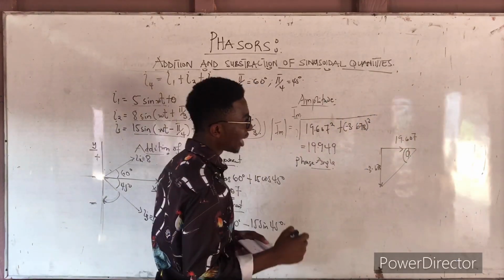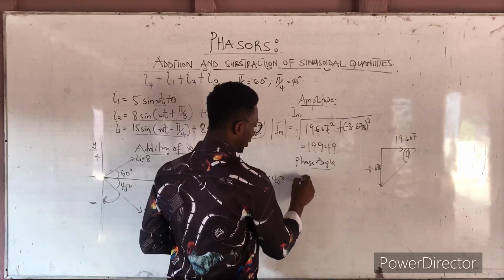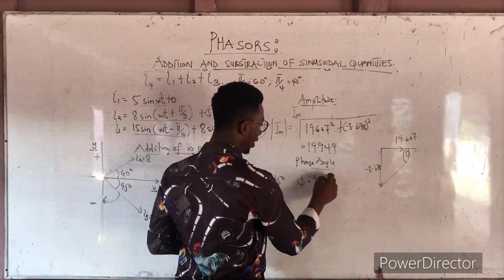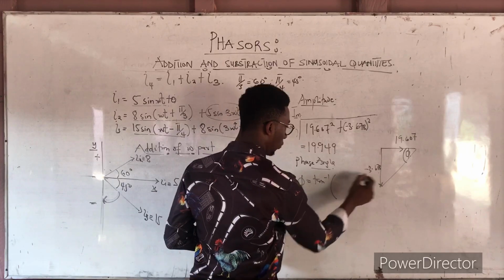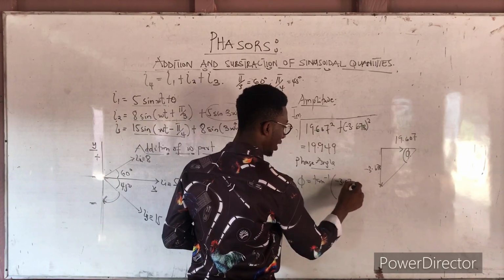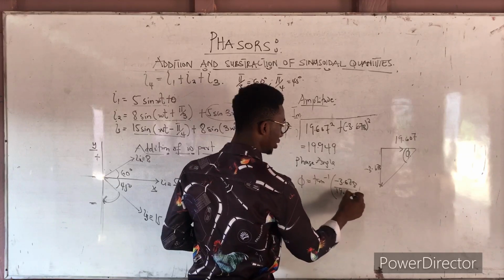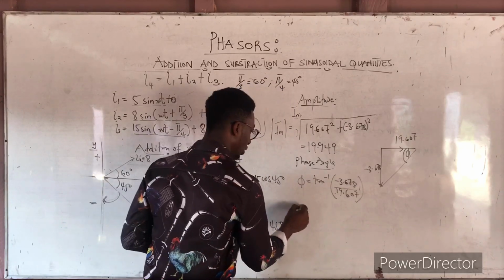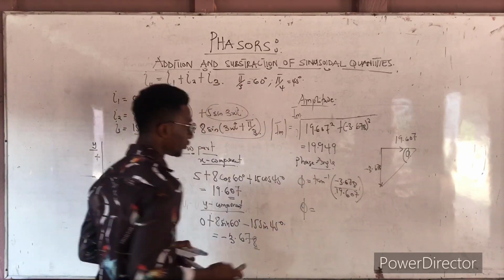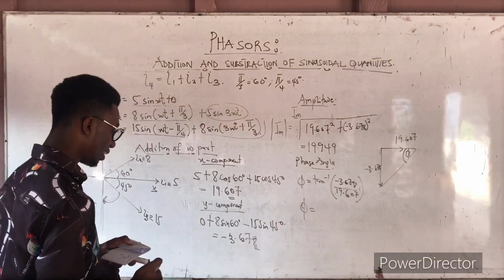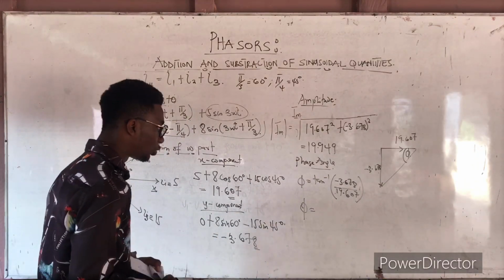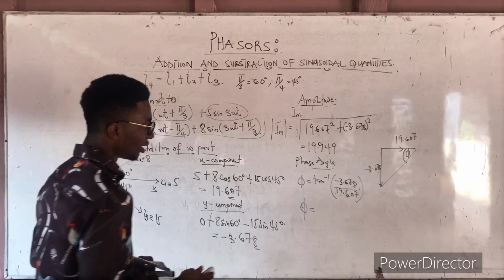We want to know how they are lagging. So that will give you a theta, which is equal to tan inverse of the opposite, negative 3.678 divided by the adjacent, 19.607. And when you do this, you are getting negative 10.62 degrees.